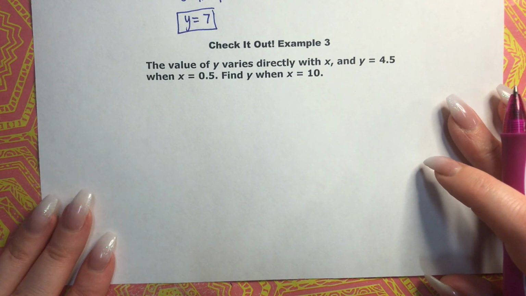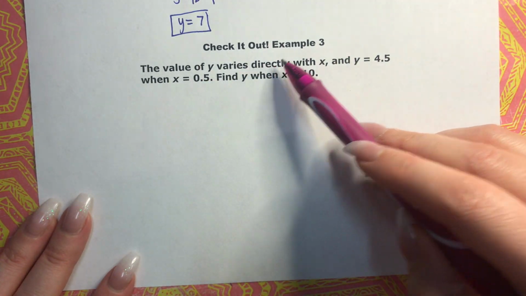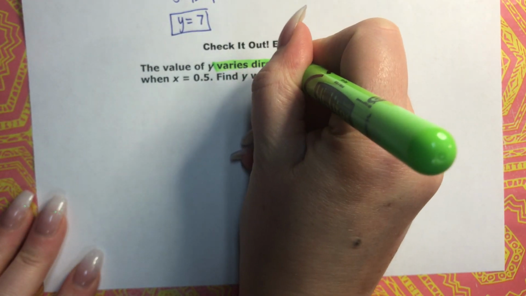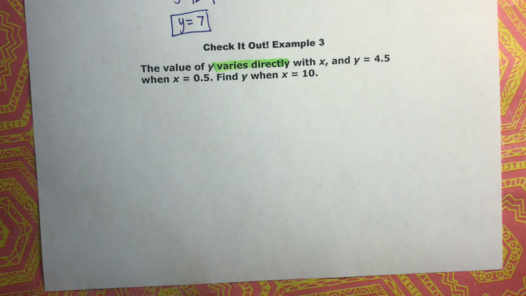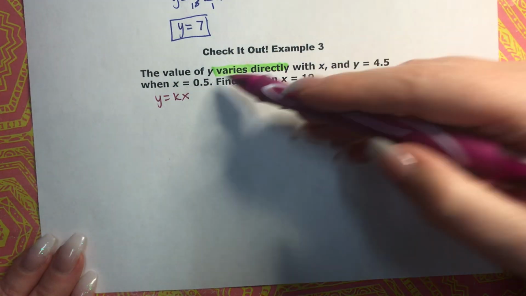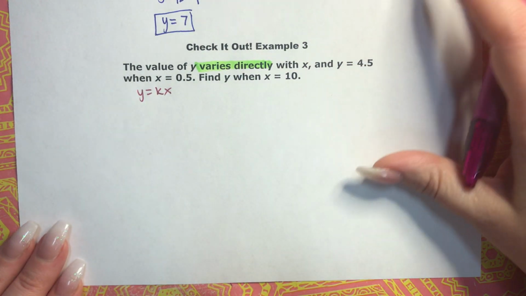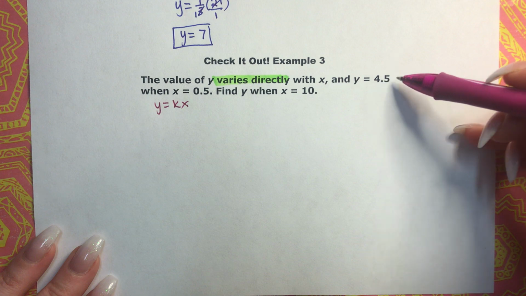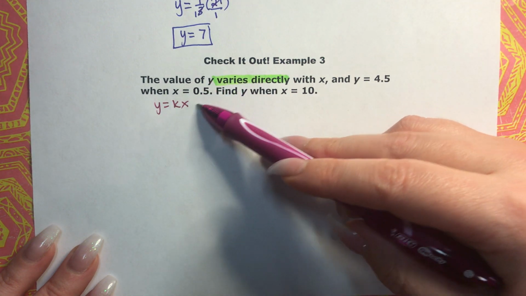Okay, let's see how you did. It says the value of y varies directly. There are those keywords again. That means we're dealing with a direct variation equation, y equals kx. So the value of y varies directly with x, and y is equal to 4.5 when x is equal to 0.5.